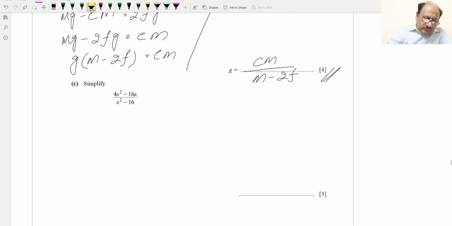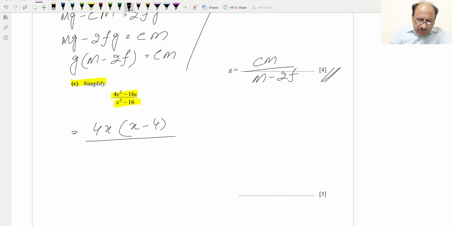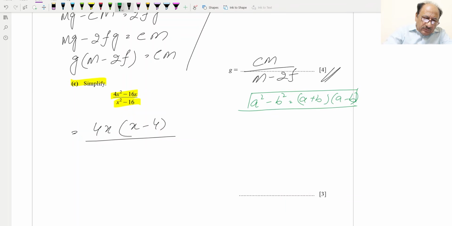Now next, C part, simplify. This one we have to simplify, so we will take the maximum common factor from the numerator. 4x we can take common, so inside will be x minus 4, and in the denominator we can apply the formula a squared minus b squared is equal to a plus b into a minus b. We will apply this formula, and then we can write this as x squared minus 4 squared.